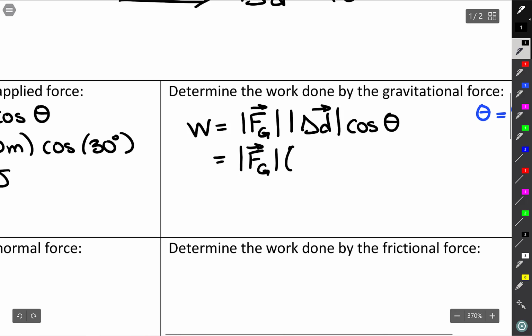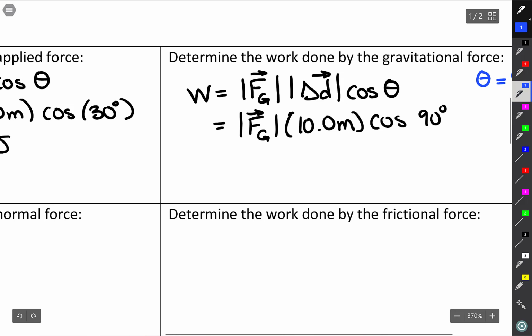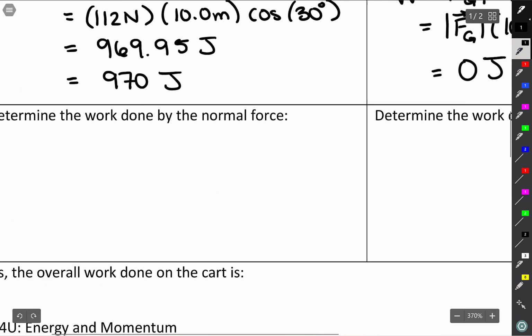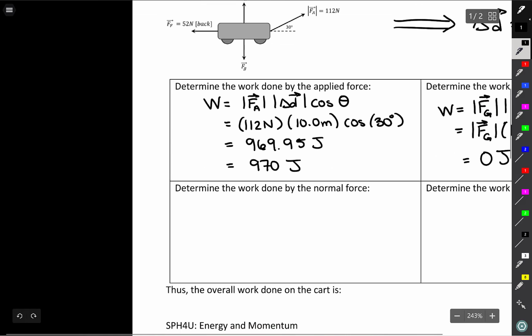The displacement is 10 meters. But the important part here is the cosine of 90 degrees, which we know is equal to 0, which means that the work done by the gravitational force is 0 joules. So the gravity force does no work on our system because the angle between these two vectors is 90 degrees.